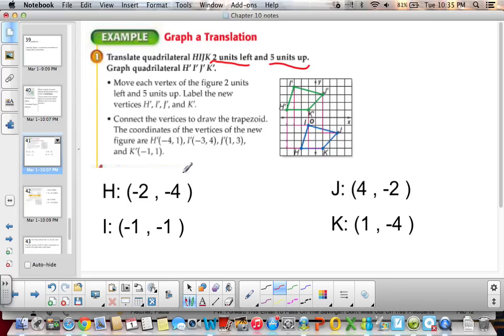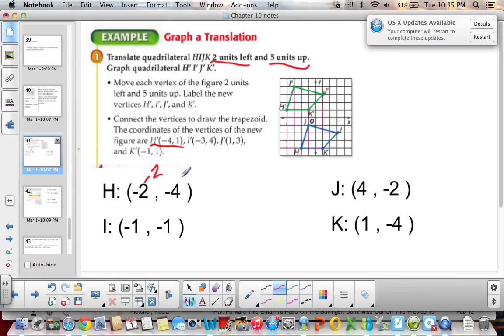So H starts as -2, -4. This is our point right here. H prime, after we go 2 units left and 5 units up, we end up at -4, 1. To get from -2 to -4, we can subtract 2. To get from -4 to 1, we can add 5.